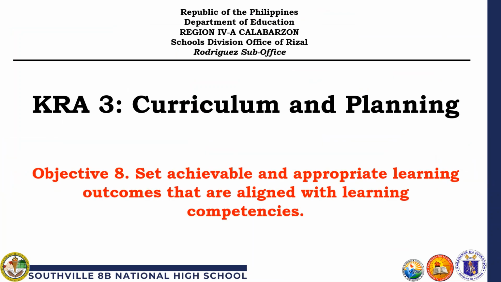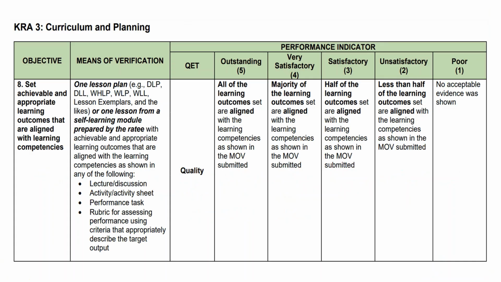KRA3 Objective 8. For this objective, you need one lesson plan or one lesson from SLM with achievable and appropriate learning outcomes that are aligned with the learning competencies as shown in lecture or discussion, activity or activity sheet, performance task, or rubric.